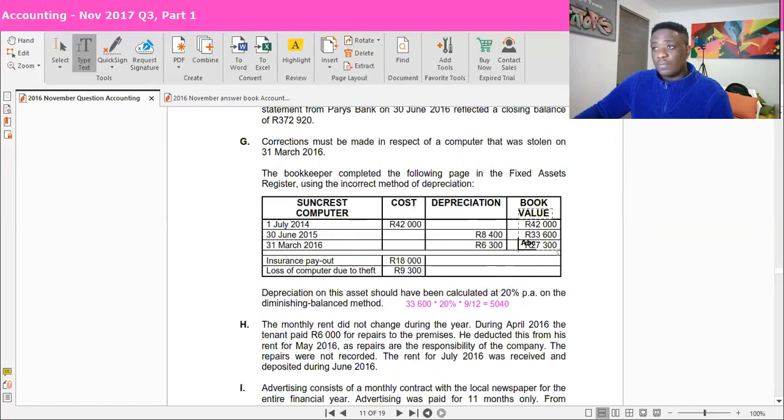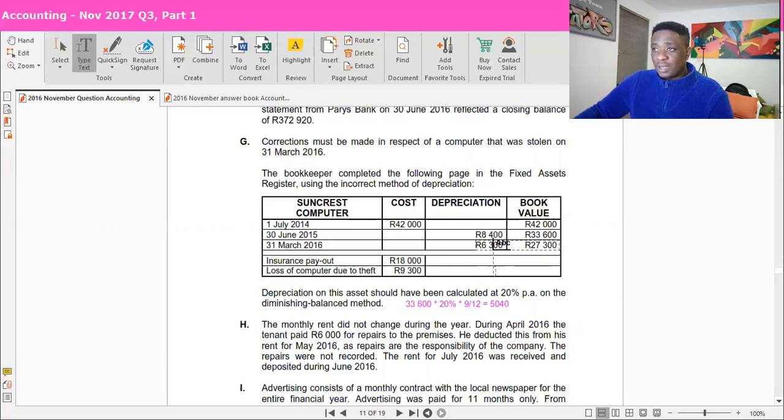The book value at 31 March 2016 we calculated to be 27,300, and then we said 27,300 minus 18,000, because we had a book value of 27,300 and the insurance only paid us 18,000. So we made a loss of 9,300.